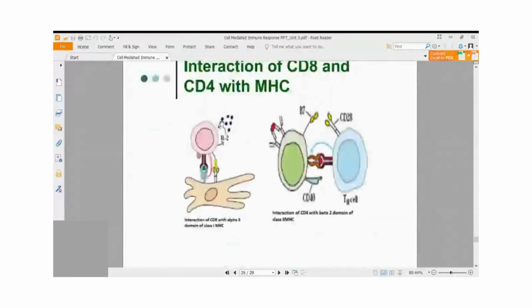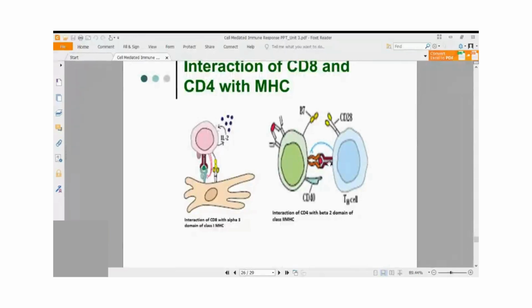Once again, recalling your memory, I had mentioned that the CD4 receptor of the TH cell should simultaneously contact the beta-2 domain of the class 2 MHC. The antigen presenting cell is presenting the antigen of foreign origin on the antigen groove to the TCR.